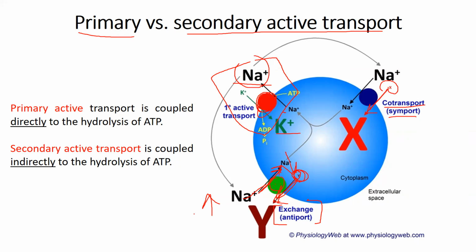Because we have high concentrations of sodium outside, sodium wants to go to the inside, right? And so the secondary active transport will take advantage of this gradient. It will operate in a way that it transports sodium down its concentration gradient. Along with it, it will take a molecule to go against its concentration gradient. Is this clear?